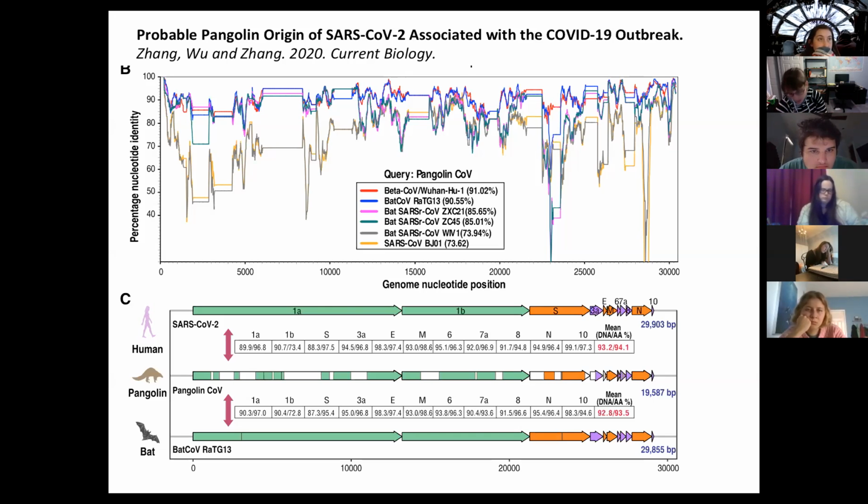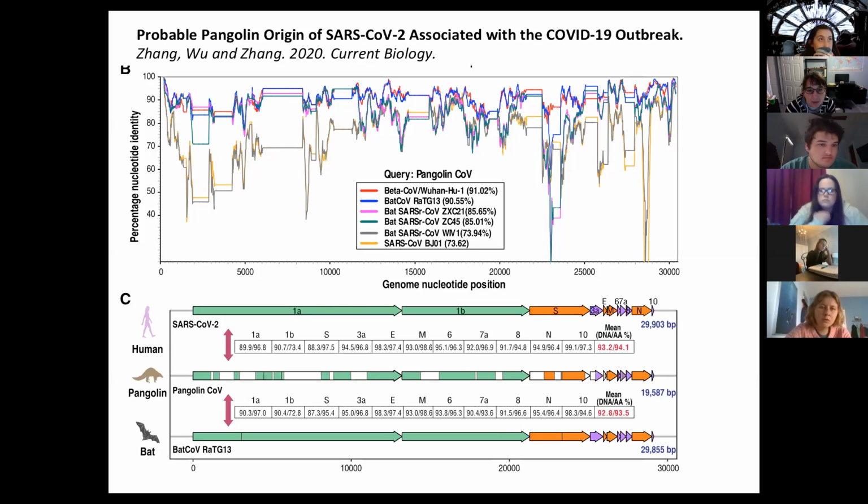So if you were describing this, which one's most closely related to pangolin? You can tell me either based on the numbers or just based on what you can see. The red. Right, and what is that from? Humans. All right. When you look at that sample, it's saying Beta Covey Wuhan, which is one of the Chinese isolates. And then bats are really close as well.